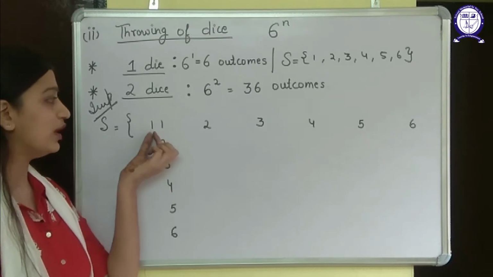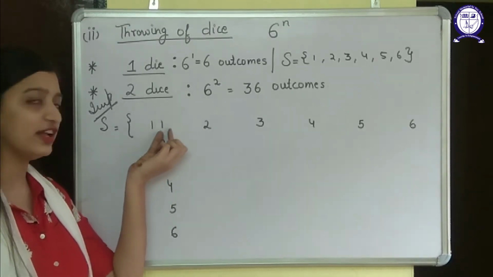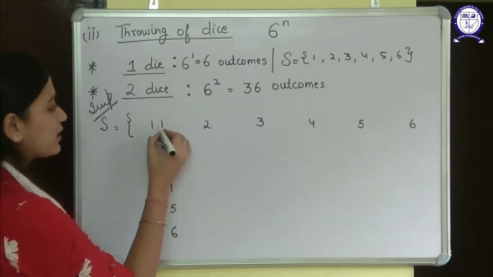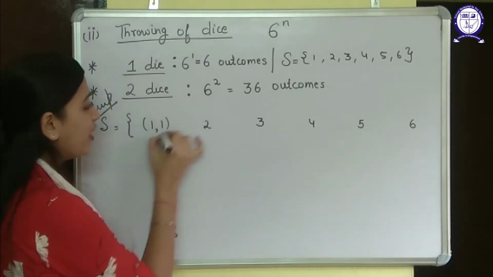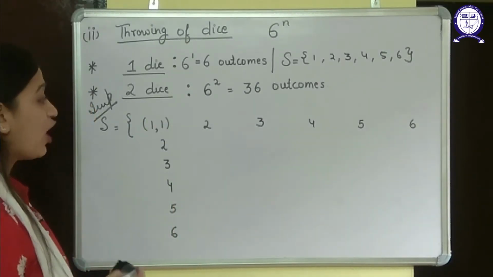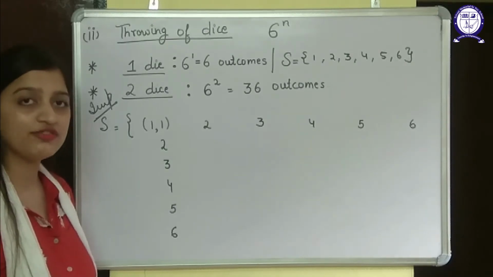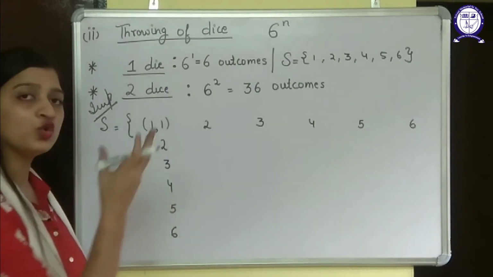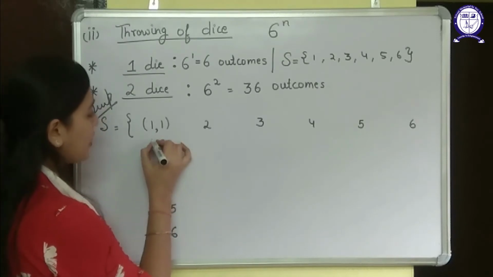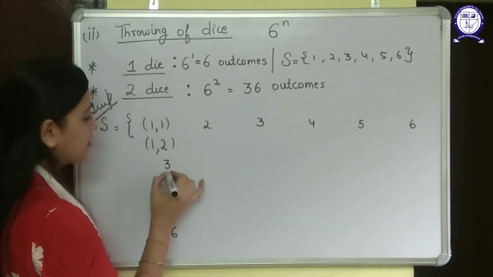Okay, if I get 1 on the first dice and 1 on the second dice, I will get my first outcome as 1, 1. Now, if I fix 1 on the first dice, I can get 2 on the second dice also. So my second outcome will be this.